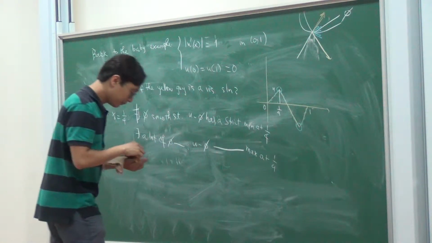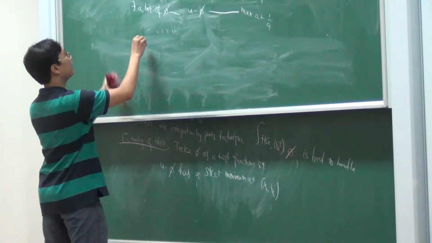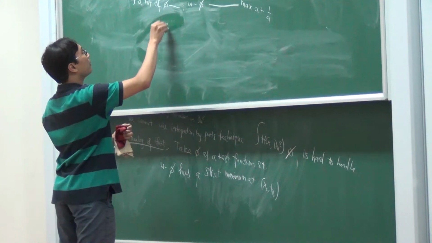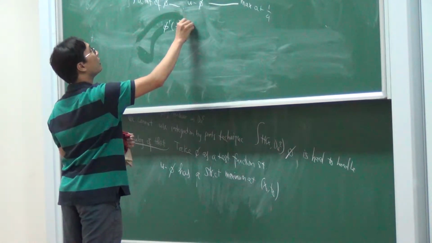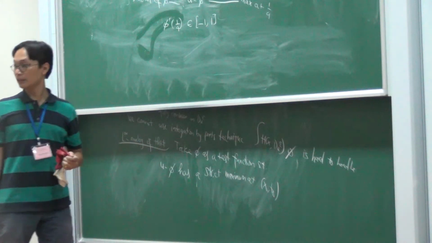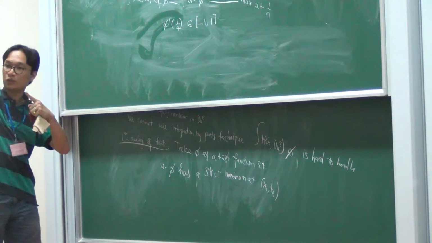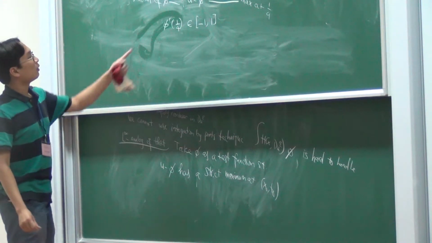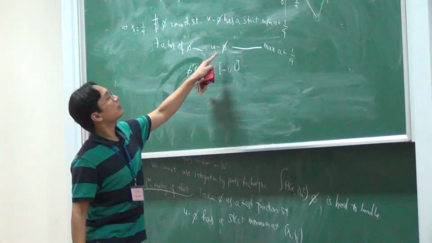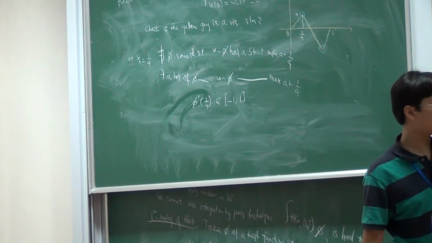So what does that mean? That means that I have phi prime at 1/4 always stays between -1 and 1. It's always between this -1 slope and +1 slope. Now, u minus v has a max at this point, so this is the test of viscosity subsolution.